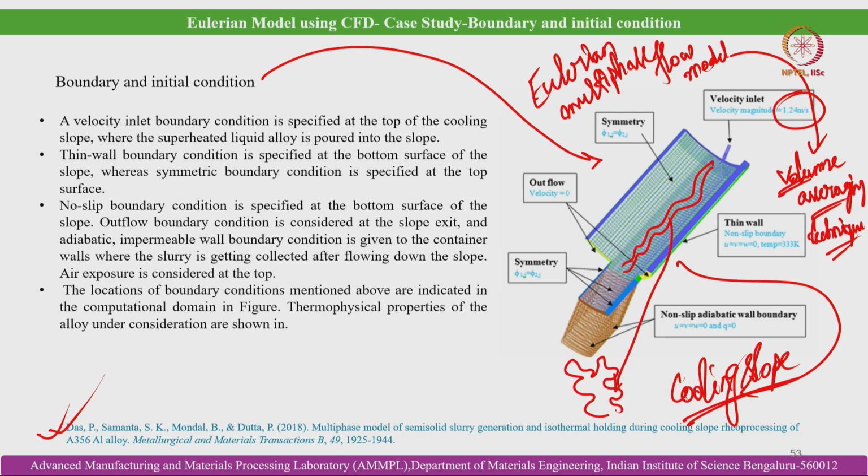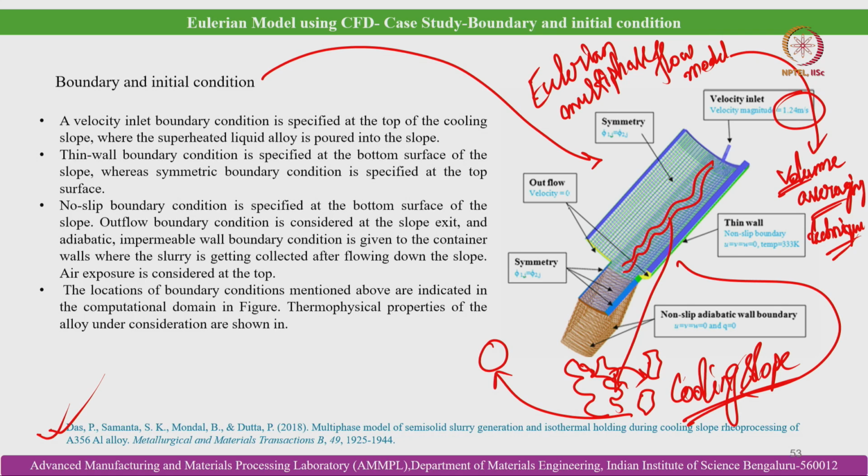They fragment and result in near spherical grains which remain suspended in the flowing liquid, which promotes globularization of the microstructural features, and that benefit is derived in the solidified components.